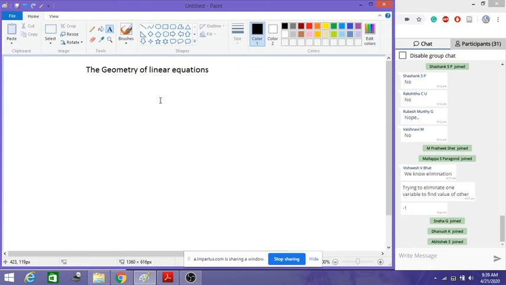Let us take an example of two equations here. We have taken the two equations, that is 2x minus y equal to 1 and x plus y equal to 5.